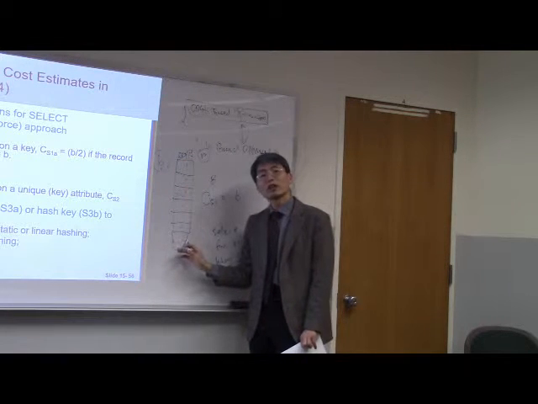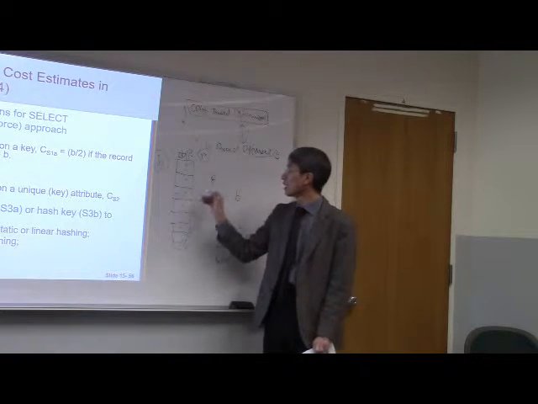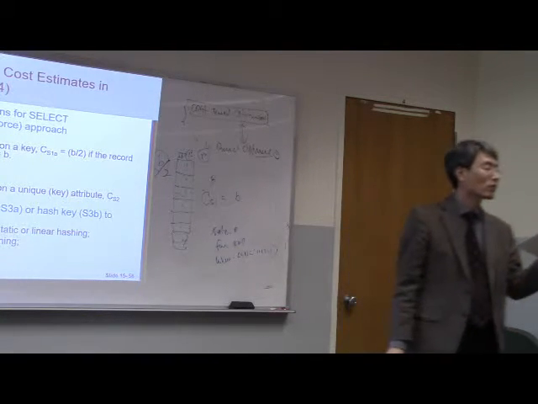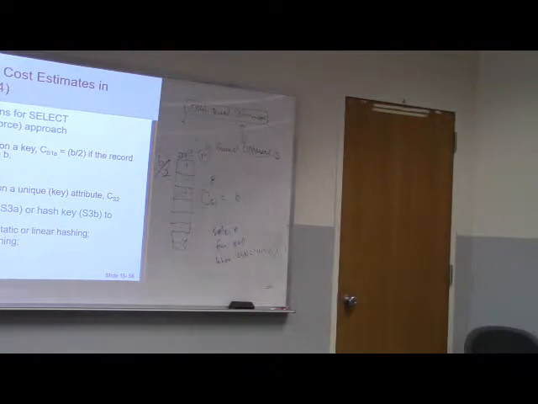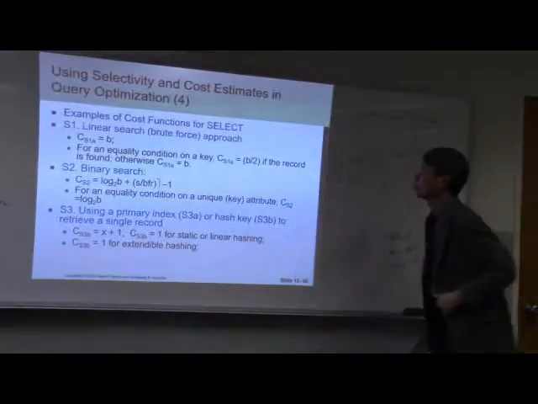If you are not lucky, it will be the last block. What is the average? B over 2. That is the reason. But in case you are not lucky, you need to read all B blocks. So that is the B over 2.